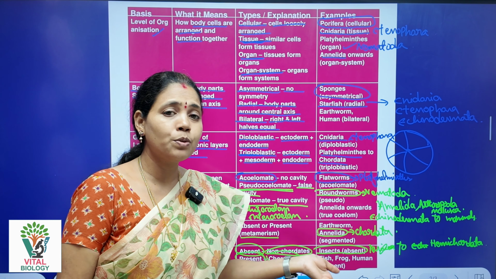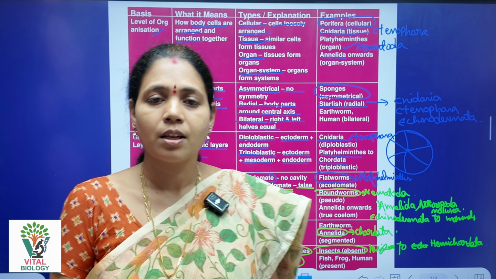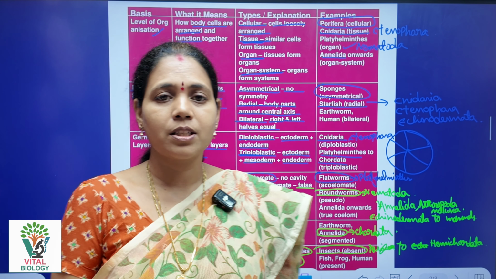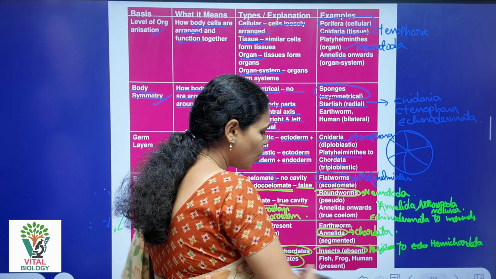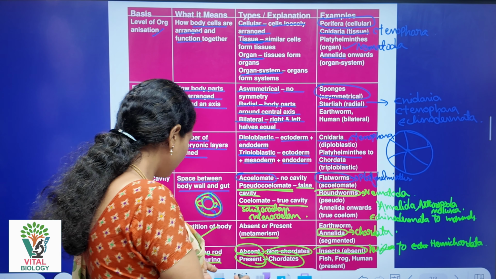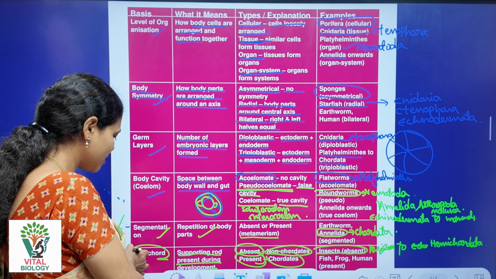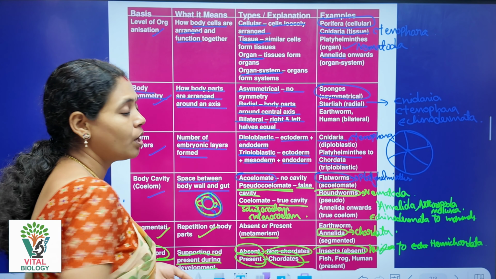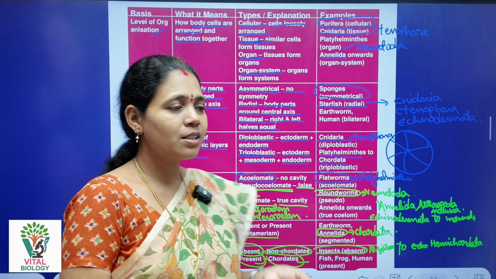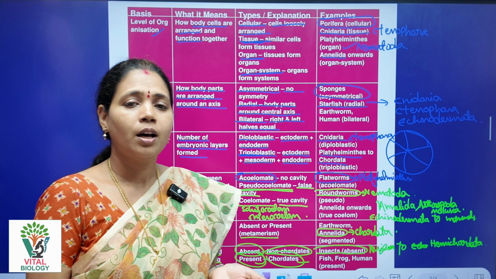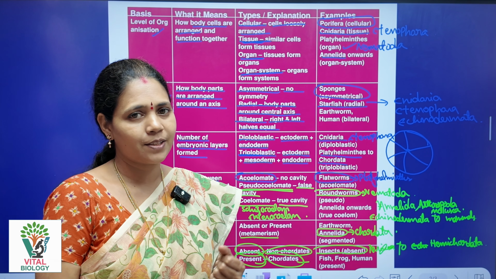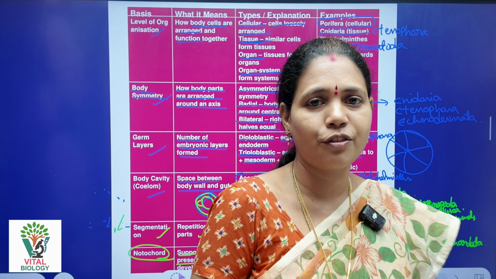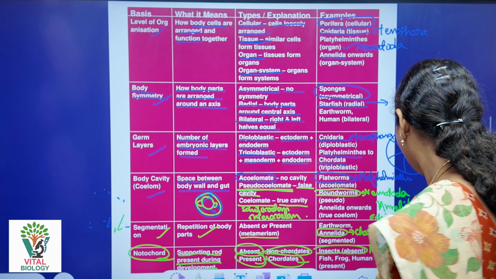And from primitive protochordates, meaning cephalochordates, urochordates, and all the vertebrates, cyclostomes, all the chordates contain a notochord. That's why they are called chordates. So these are the various basic features which are the key points, the basic characteristic features for classification.